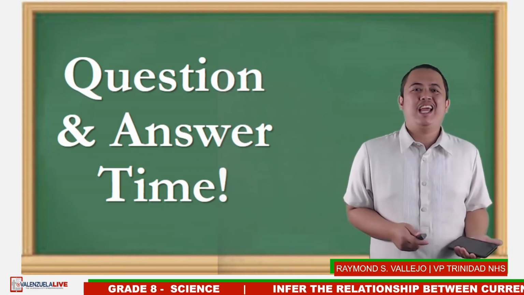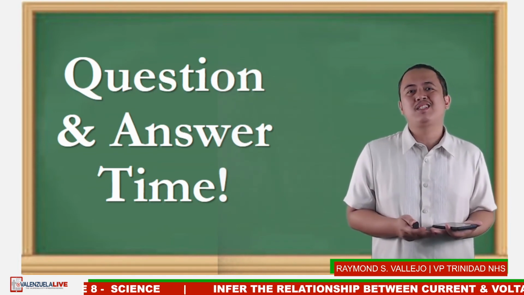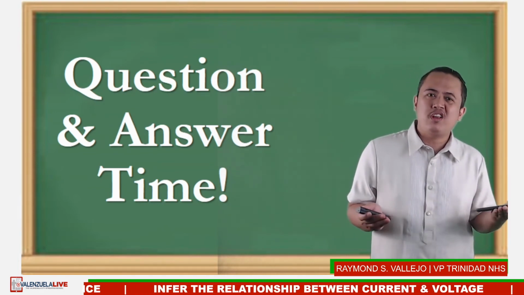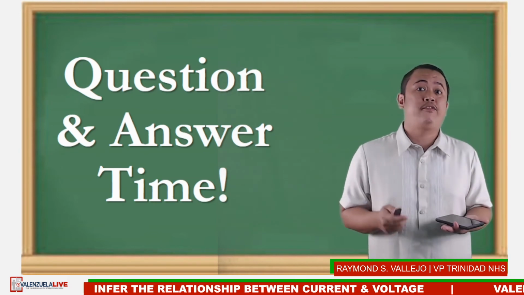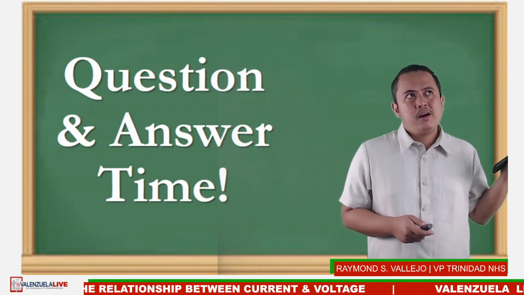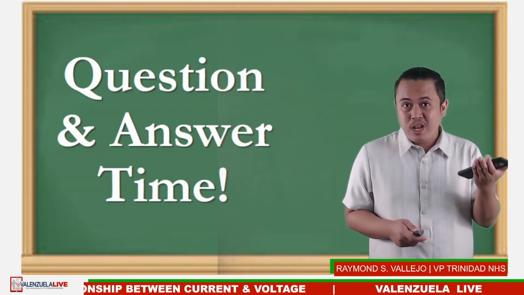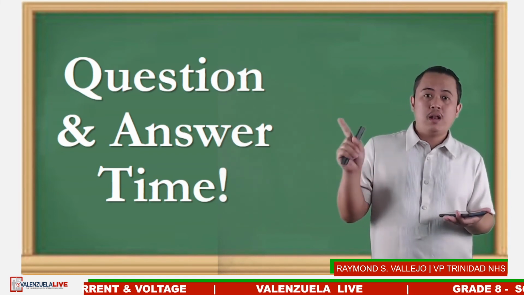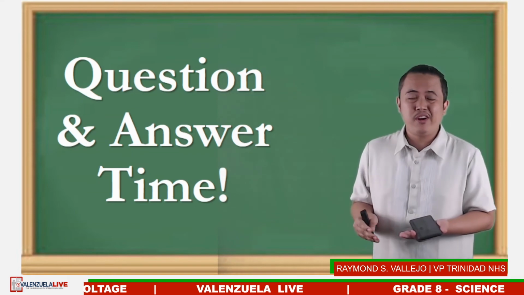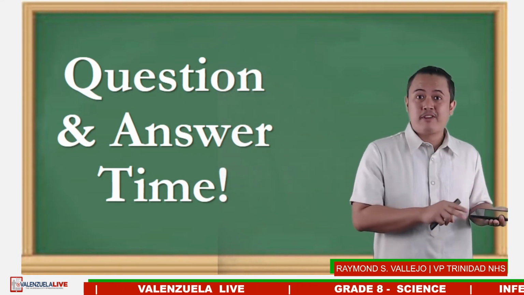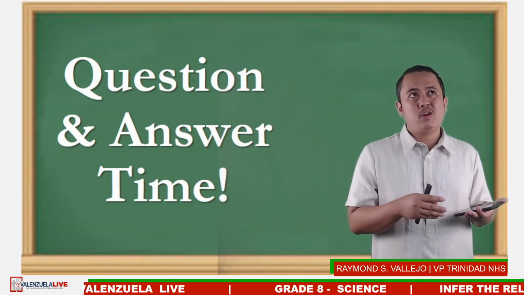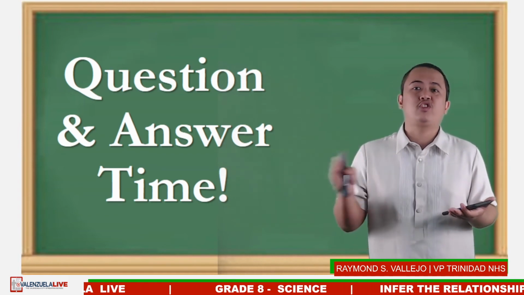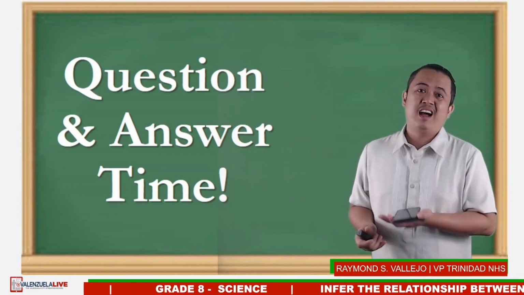Let me answer it. It is difficult for us to identify the direction of the electric current flow because there are several factors that we need to consider. Some of those are, one, the type of electroconductor, also the type of current, and we also need to consider the type of electric charge that flows in the conductor.